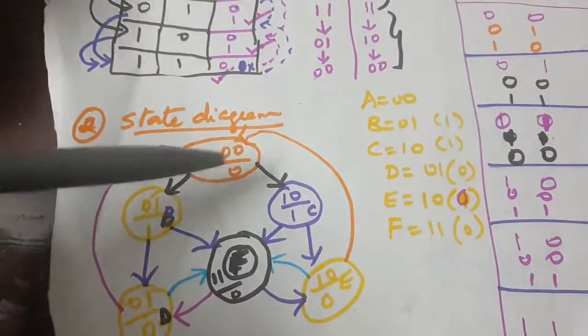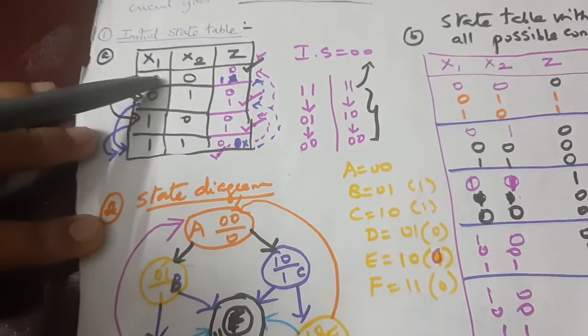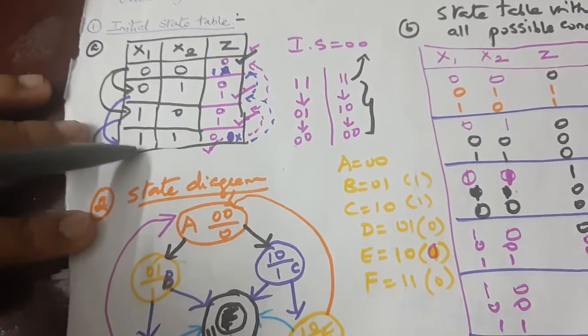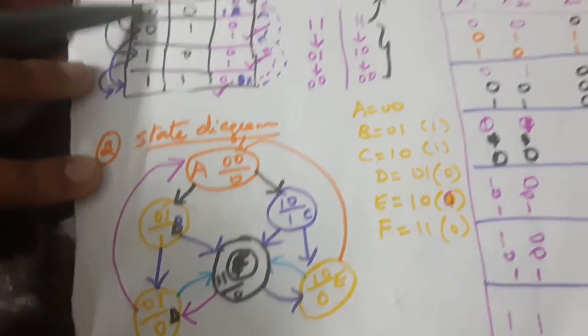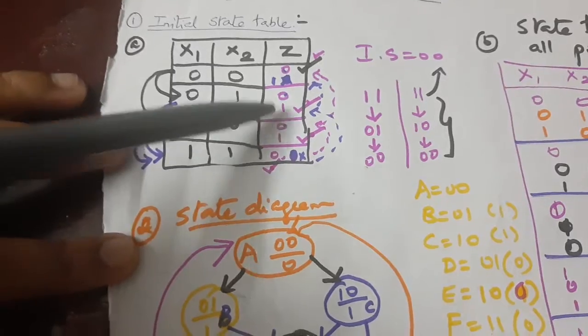To draw the state diagram, the first condition is 0, 0. This is state A, state B, state C, state D. Okay, different states, and the outputs are represented. 0, 0 means output 0. 0, 1 means your output can be 0 or your output can be 1.